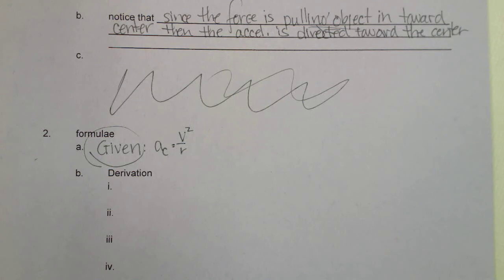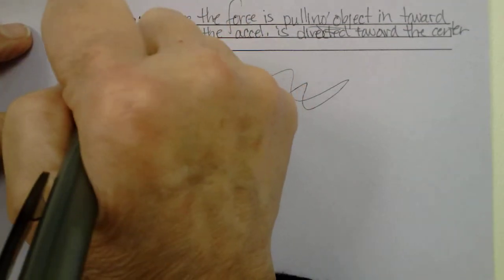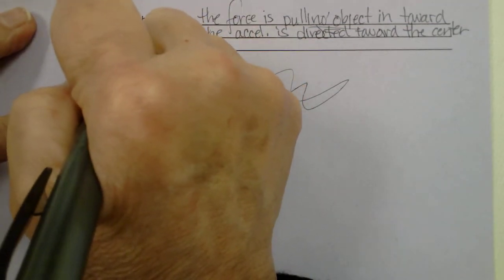Now I want to derive from that how I can find the centripetal acceleration, which by the way, that's kind of important. It's called centripetal because it's toward the center. Let's write that in here.